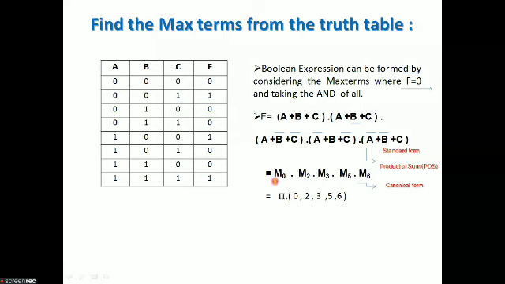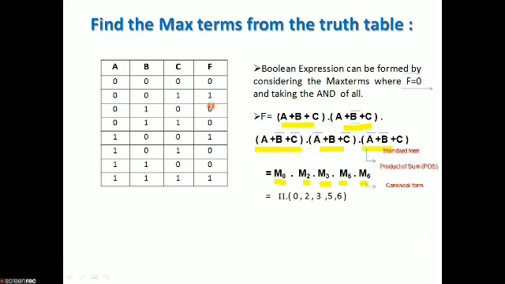So we can say this is max term 0, this one is max term 2, this one is max term 3, this one is max term 5, and this one is max term 6. This max term 0 means it is represented as decimal 0.